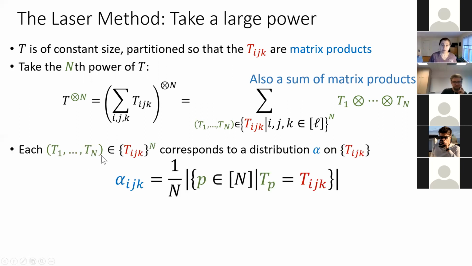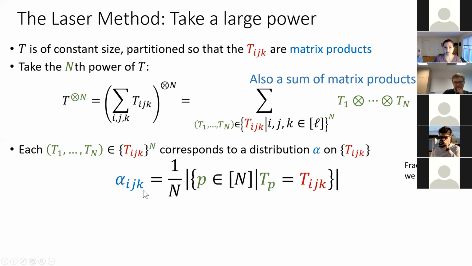So let's look at every one of these terms here. It's an n tuple of choices where each T sub l is something like tijk. And every one of these corresponds to a distribution alpha of the tijk's. What is the distribution? It is the fraction of times that you actually selected tijk.